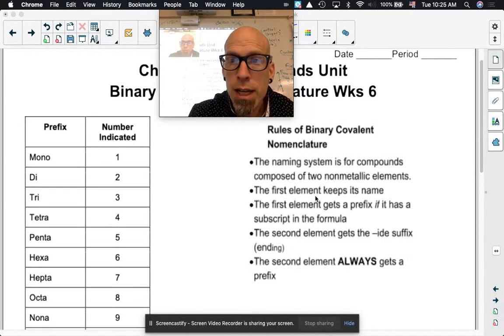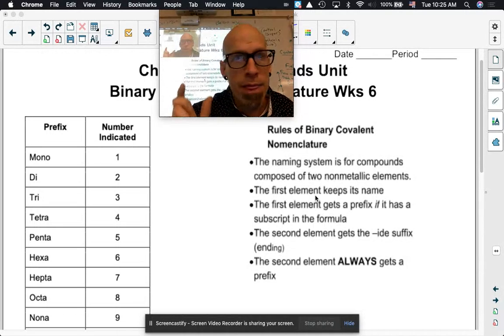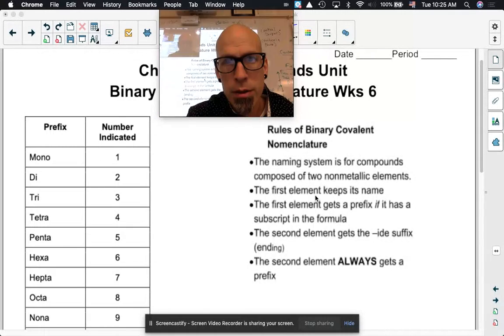It says the first element keeps its name. Just like ionic compounds, whatever the first element is, that's the first name in the compound. Now, it says the first element gets a prefix if it has a subscript in the formula. If there's a subscript, that means there's more than one of them, so you have to use a prefix.